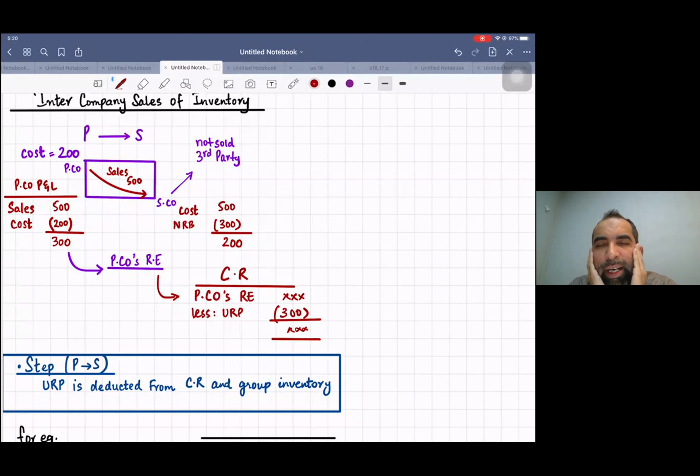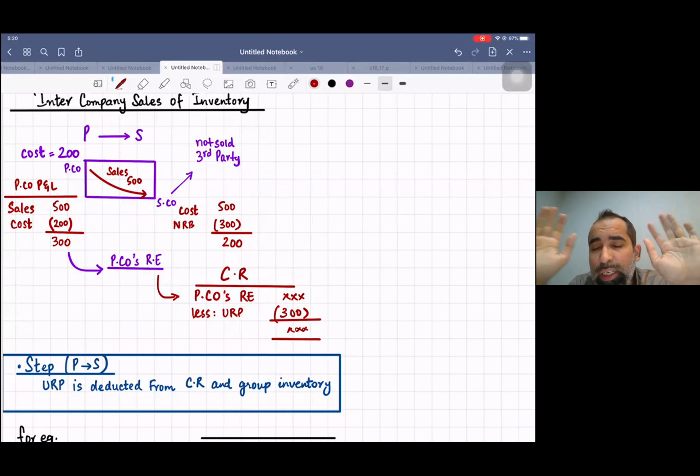But unfortunately, S company has not sold these goods to a third party by the year end. So from the group point of view, this profit is unrealized.